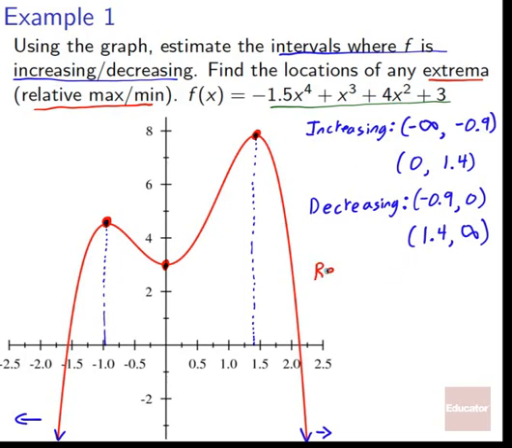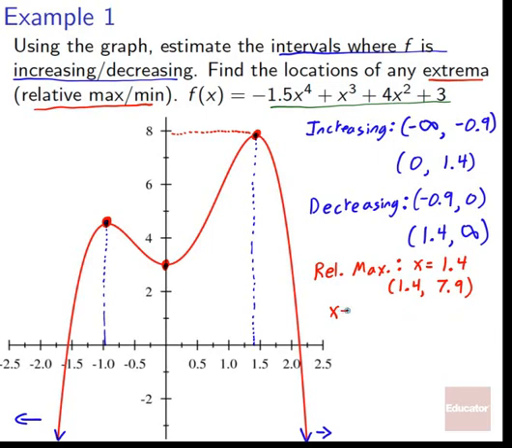So relative maximums, we've got x equals 1.4, and that point is going to be 1.4. Let's take a look according to this, and it looks like it's just a little bit under 8, so let's say 7.9.